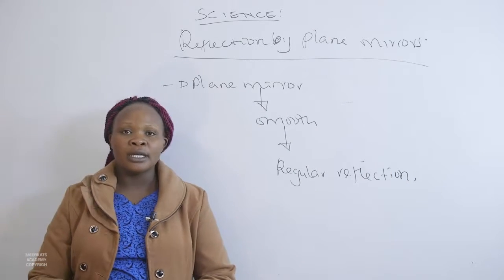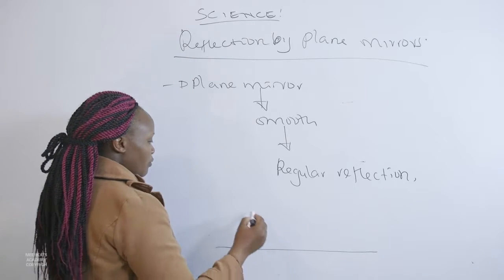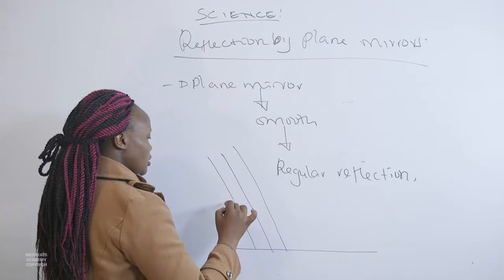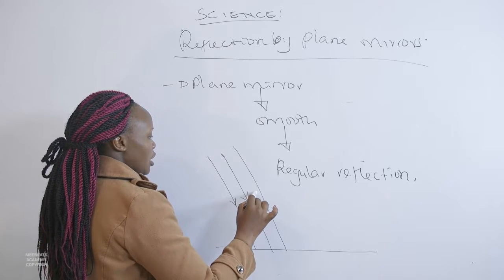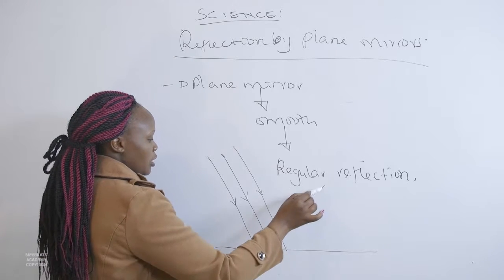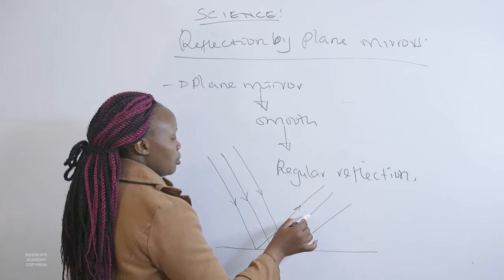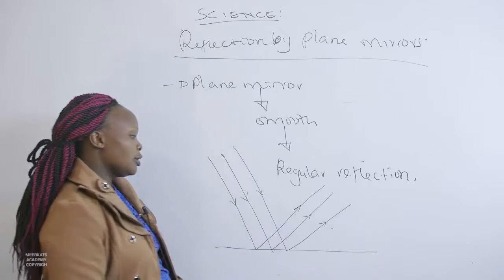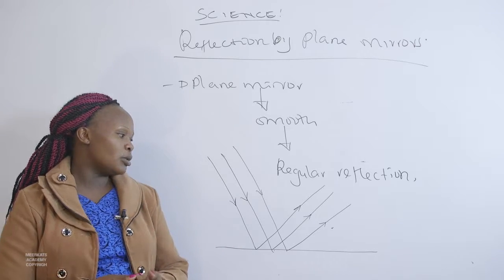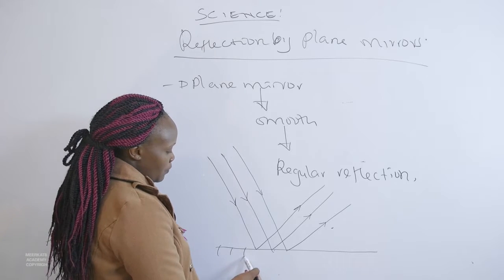That is to mean that we will have an incident beam, which is very parallel, reflected in such a way that the resultant beam is also parallel in terms of direction. Intensity will also not be compromised because our surface is smooth.